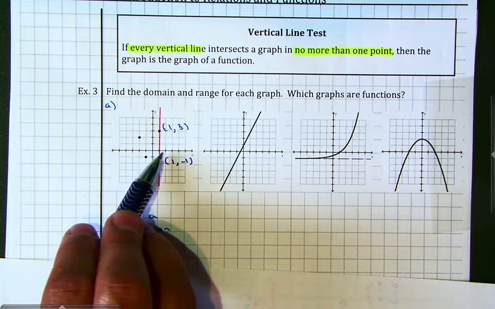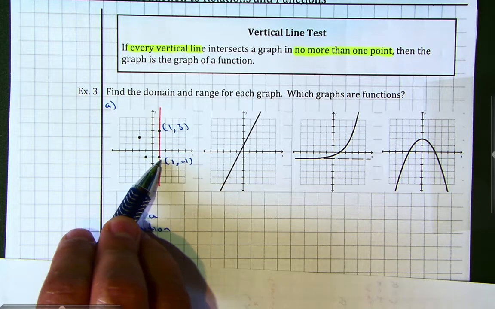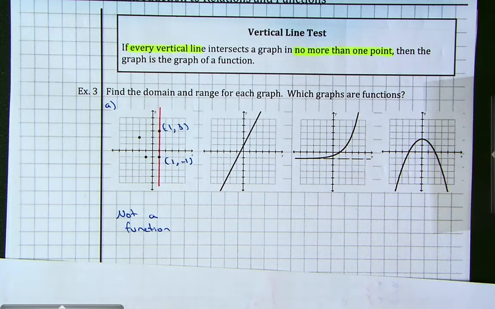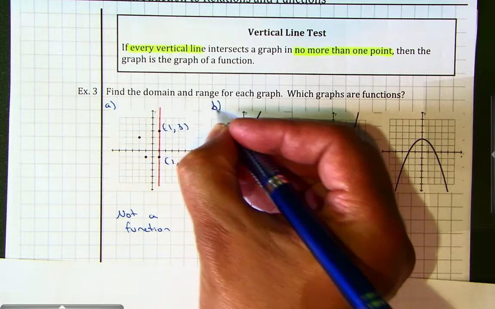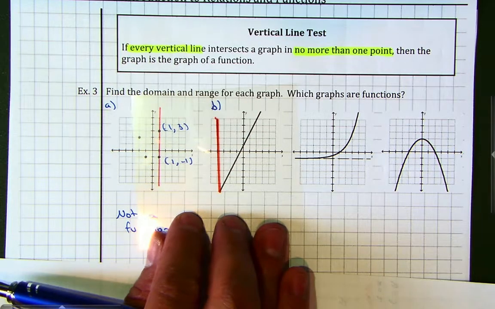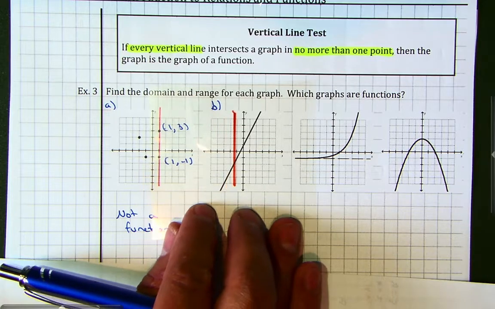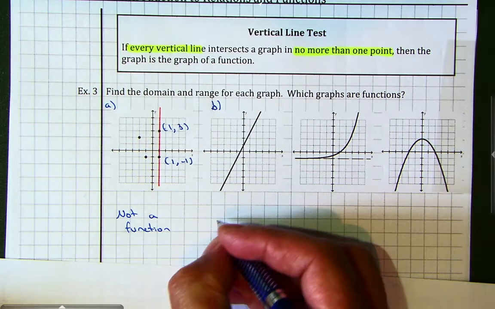Right? We cannot plug in a 1, get a 3, then plug in a 1 and get a negative 1, if it's a function. Letter B, is that a function? Yes. If we draw a vertical line anywhere, it only crosses once, once, once every single time. So therefore, that is a function.